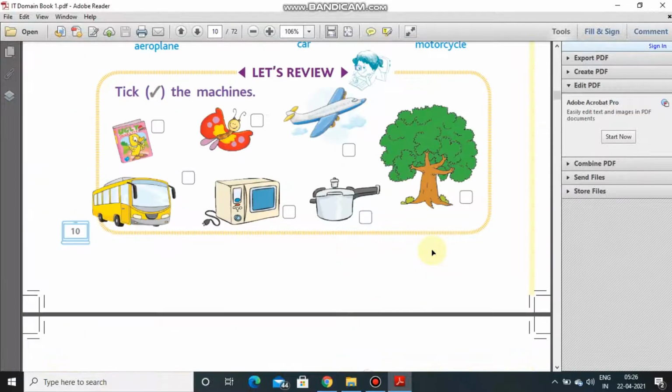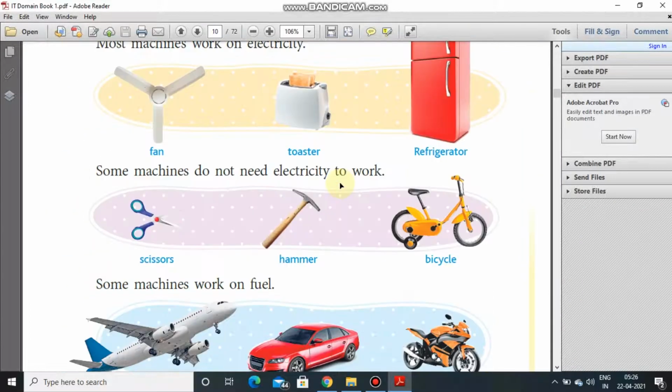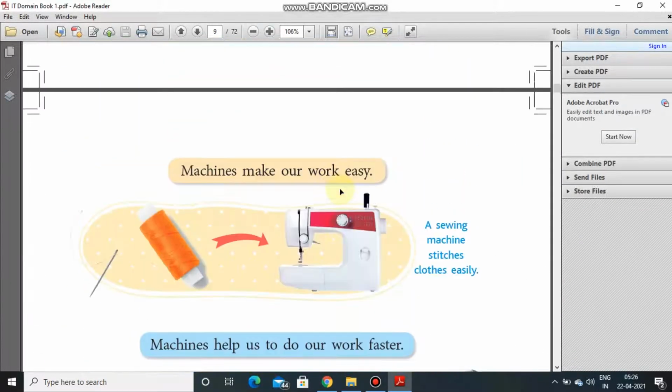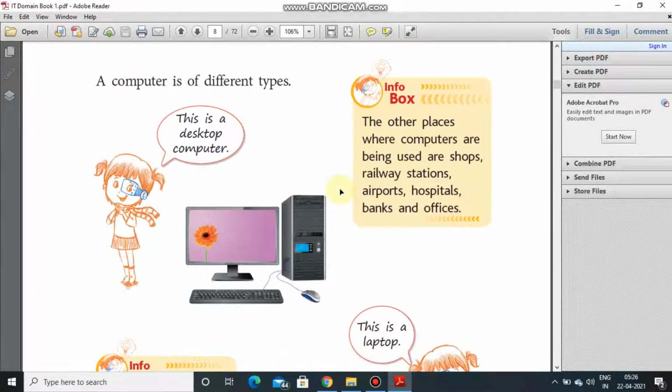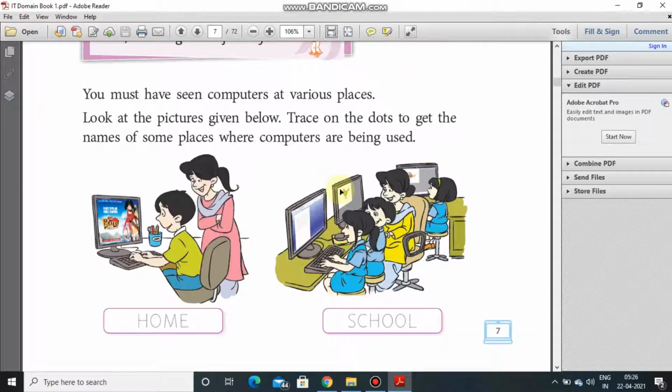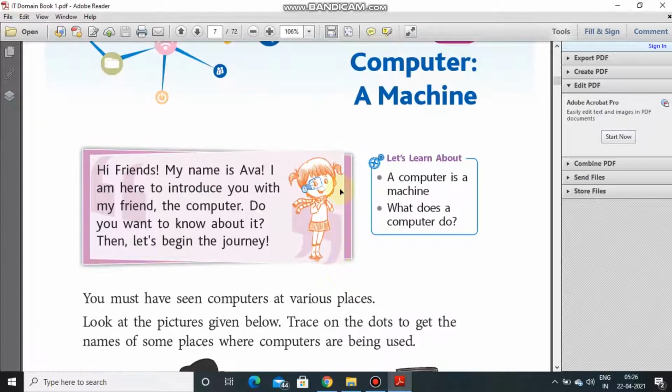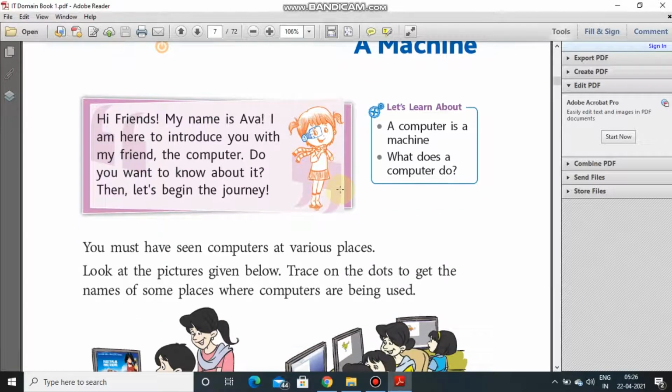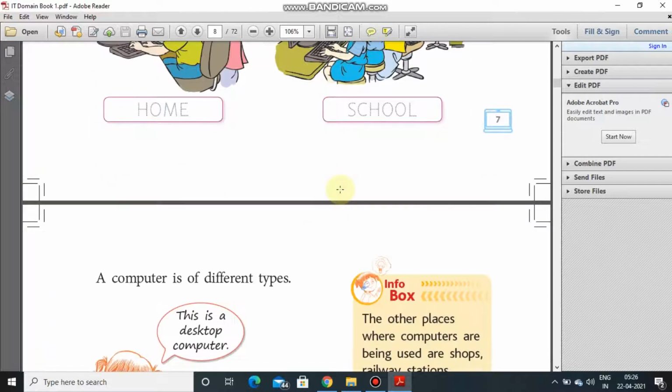So students, in this chapter, I am not taking this chapter, I have just elaborated for you because you haven't had computer in your previous class. So before starting with anything, we must learn why we require a computer. In the first video, we tried to elaborate the concept of computer.